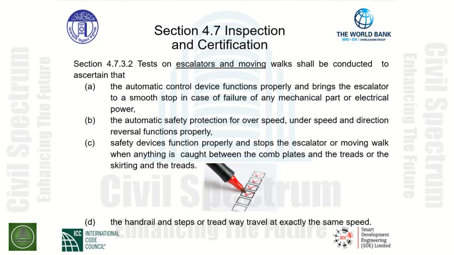B, the automatic safety protection for overspeed, underspeed, and direction reversal functions properly. C, safety devices function properly and stops the escalator or moving walk when anything is caught between the comb plates and the treads or the skirting and the treads.